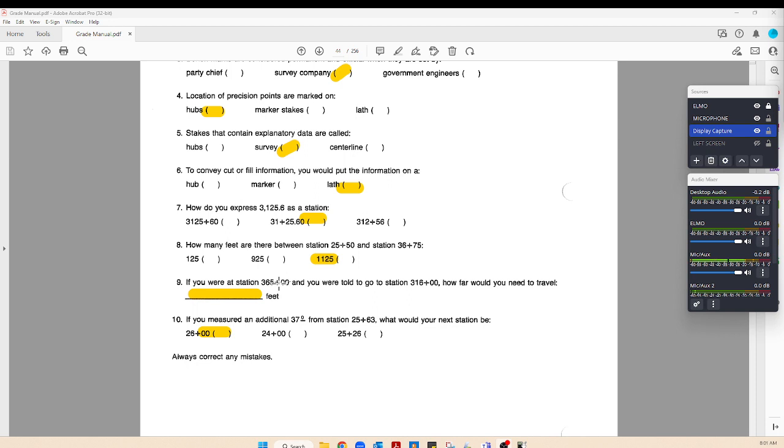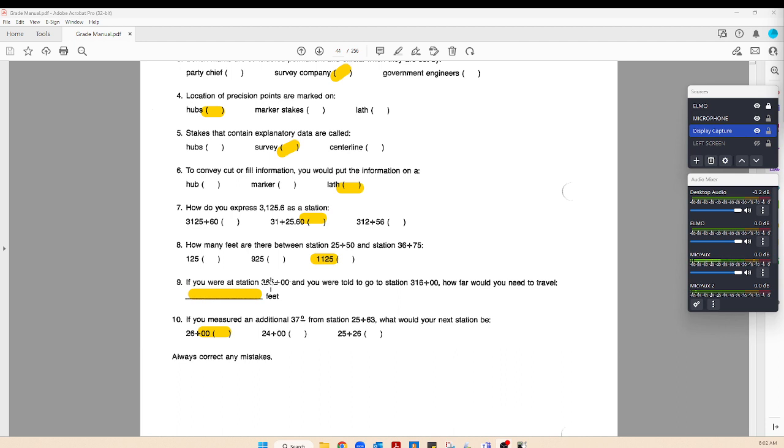In these, if you're finding the difference between two stations, you would ignore the plus sign. This one right here was on our test, and I got to struggling with it. Is that 49 feet or is that 4,900 feet? Well, you quit making the decision and you do what the station says. This is 365 hundreds right here.